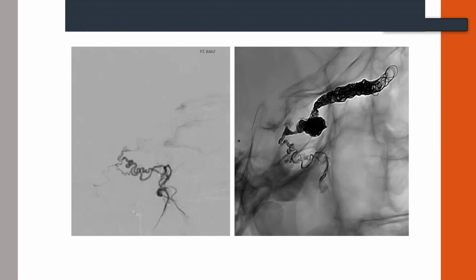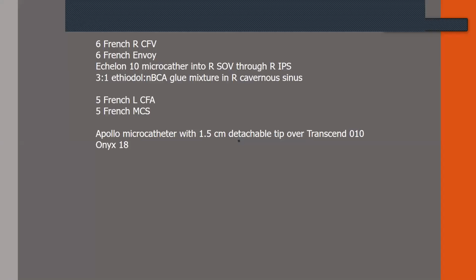So it's a very dramatic clinical outcome, and at 2-week follow-up, he was completely normal. His eye had looked symmetric at that point. So very rewarding, but sometimes frustrating case to take care of. You know, these cases take several hours of radiation and a lot of contrast. So definitely it is not an easy treatment, but very gratifying at the end of it.